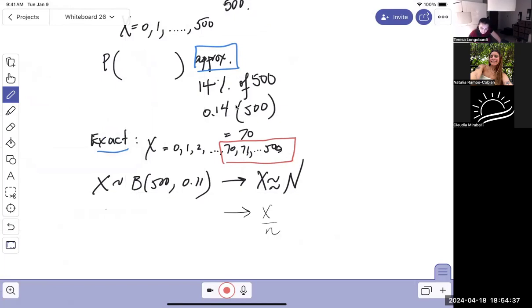What is X over N? Let me do it here. So this is P. P is the true proportion. What is P hat? The sample proportion.